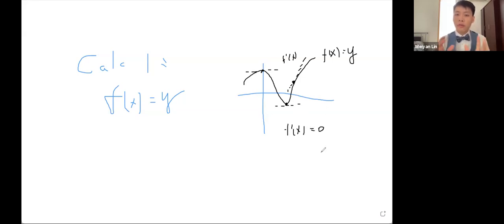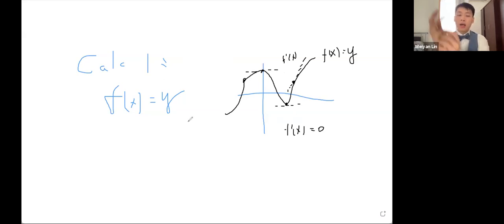So we find the point with derivative 0, and then we further analyze, is it a local max like this, or is it a local min like this, or is it neither? It's like an inflection point, something like this, right? From concave up to concave down. Although it's still a critical point, it's neither min nor max, right?